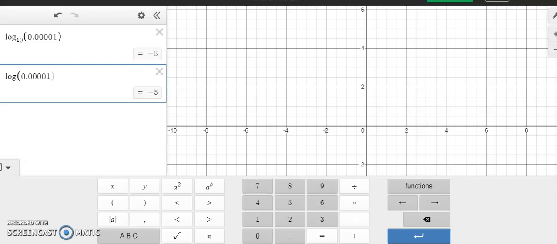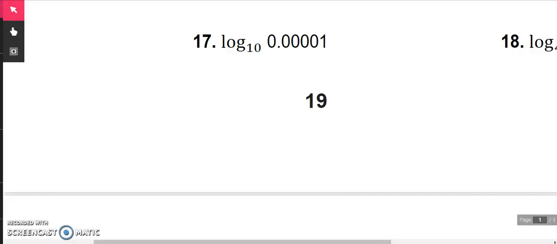Notice how these give me the same thing. And the reason for that is if I don't type a base, it is assumed that the base of my log is 10. So again, if I don't type a number for the base, we just imagine that there's a 10 right there. So this won't work for anything else but log base 10. If you just want to get used to always typing the base, that's fine. Otherwise, just a log by itself will work if you have a base of 10.